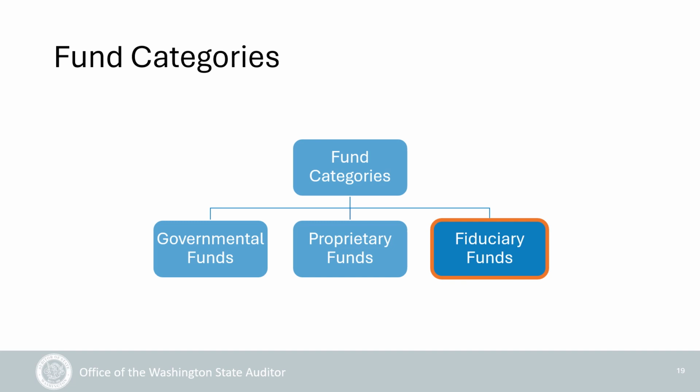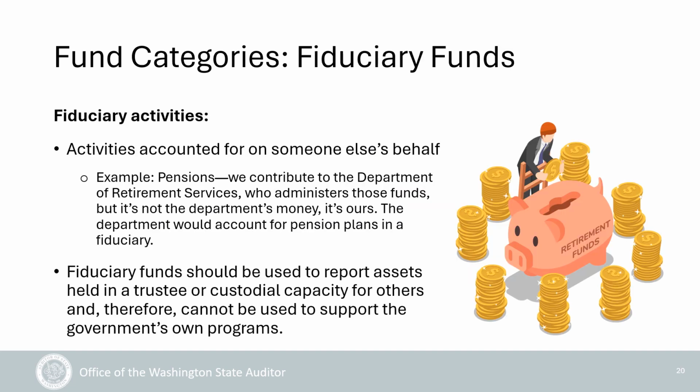On to our last category of funds, fiduciary funds. We know that our general activities are in governmental funds and our business activities are in proprietary funds. So what do we do when we are just holding money for others and cannot use the money for our own purpose?